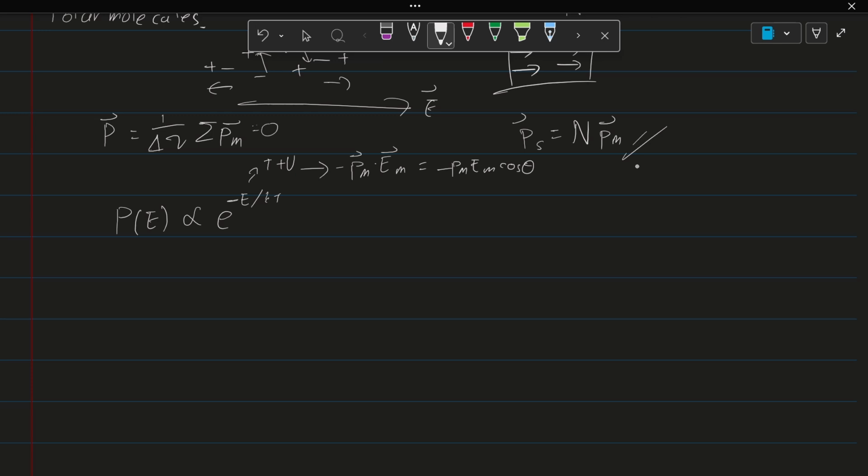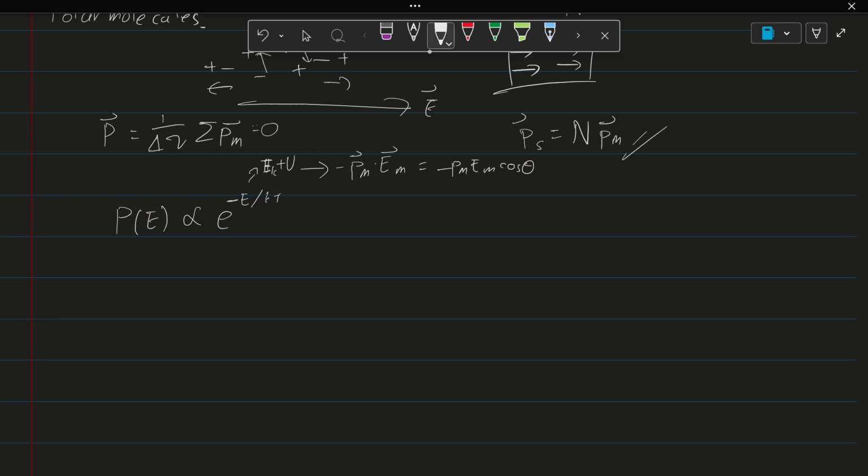And T here is not going to influence the probability. So let's write this as EK because T is temperature. So what we can do is neglect EK.